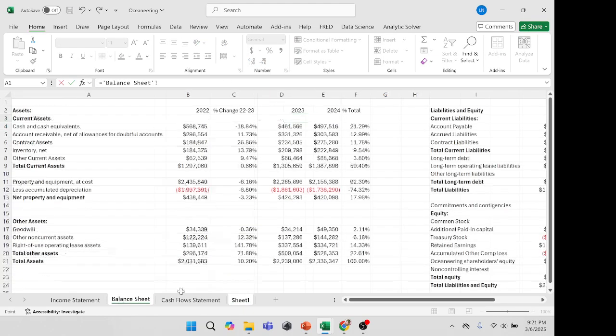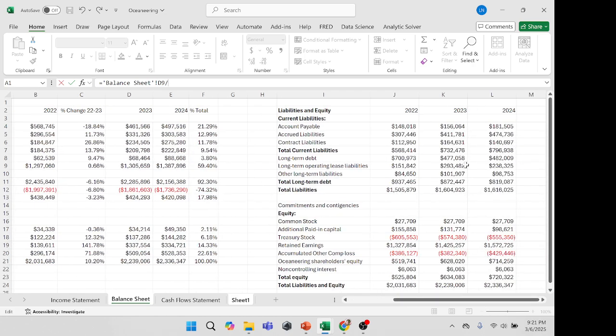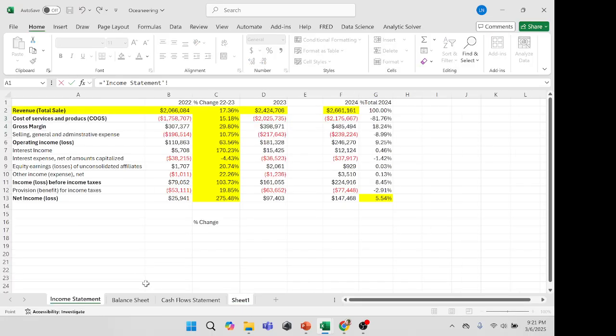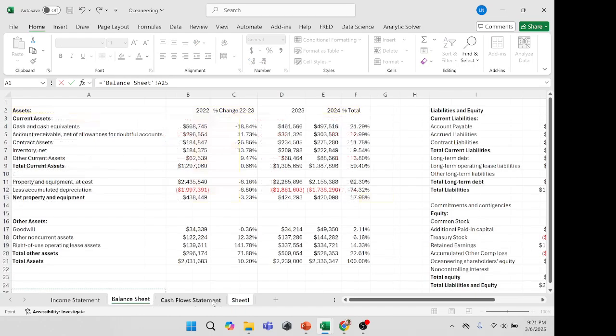I'm going to give you guys why it is interesting and why you want to compute this. So divide, I just said divide. 2023, you see right here total current liability.